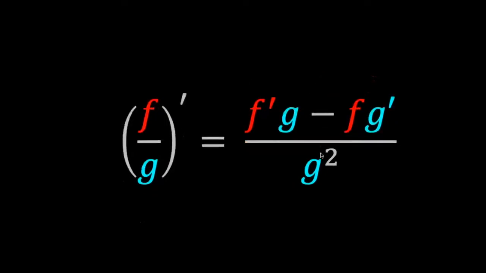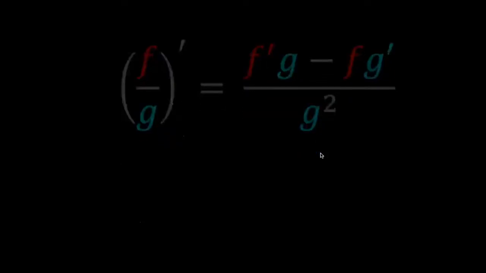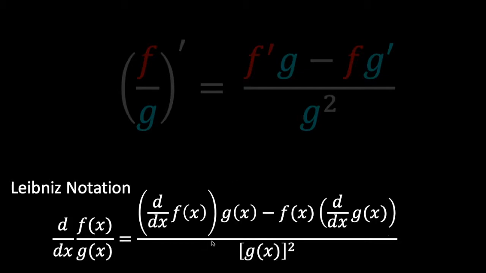Now in class, you might see it in a little more complicated looking form, although it's exactly the same. You might see it like this. It's called Leibniz notation. So your prof might write this on the board, and what this says is d dx, the derivative with respect to x of f of x divided by g of x, so the derivative of this fraction here. These are all functions of one variable, in this case x.